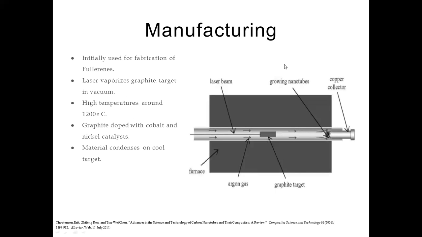We can also look at other methods that we would use for manufacturing, the pulse laser beam method, and this is also used. The laser itself vaporizes a graphite target in a vacuum, and then a high temperature is used, around 1200 degrees, and then we use a rod to collect and condense the carbon on the tip, and then from that point we have to do filtration of the system.